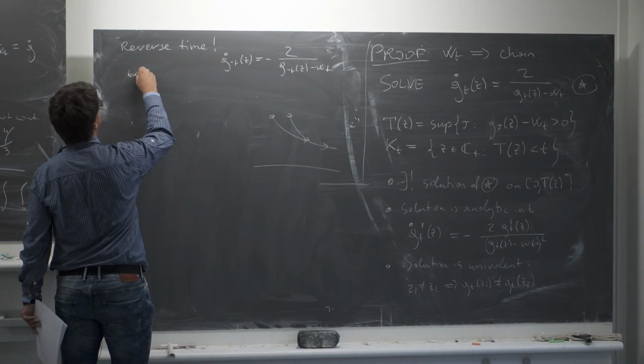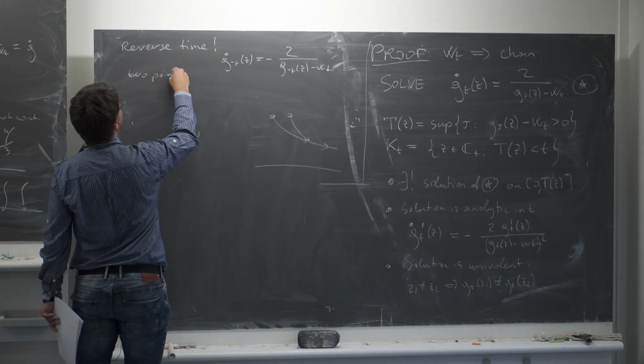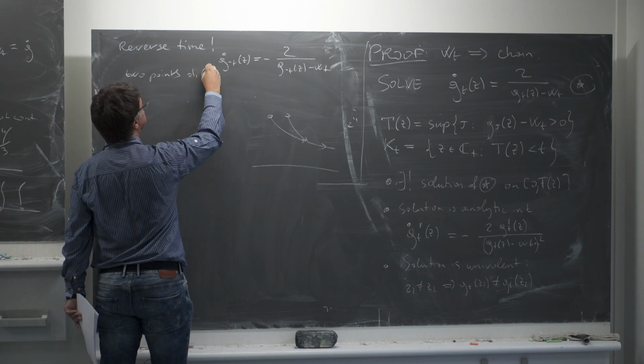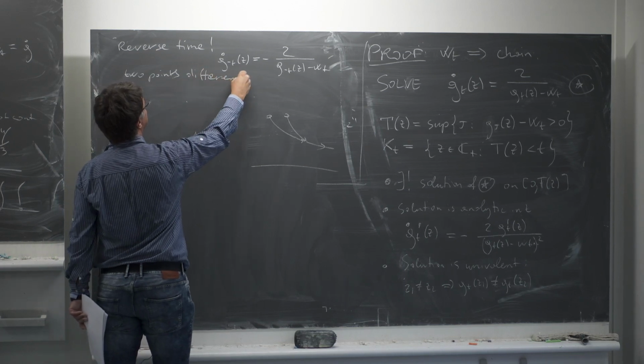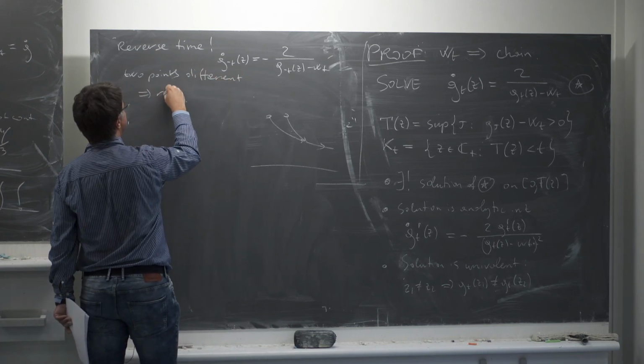If two points are different, it means that their reverse trajectories are different.